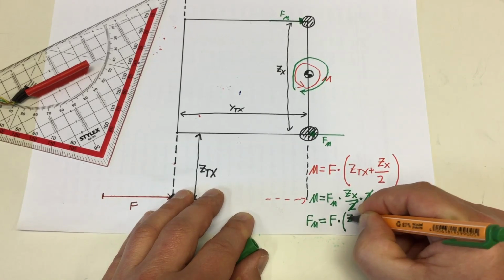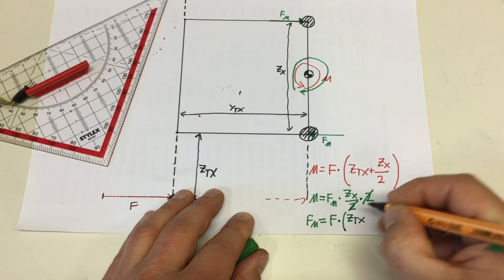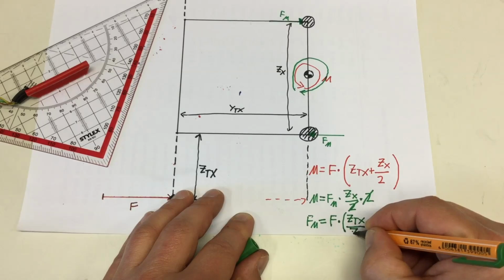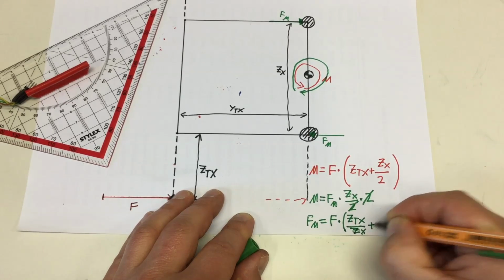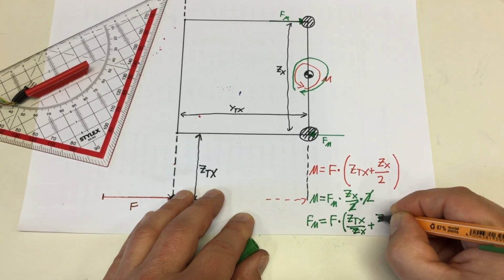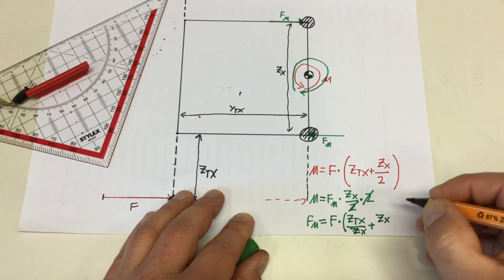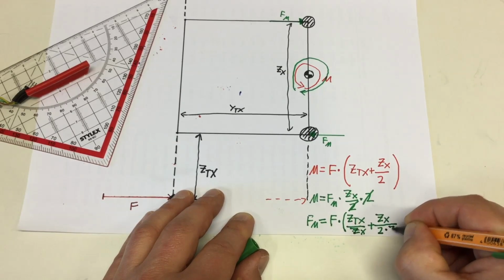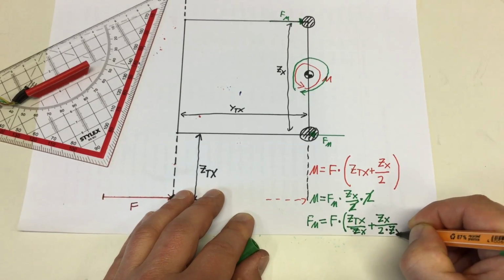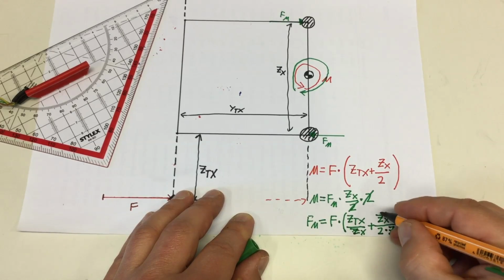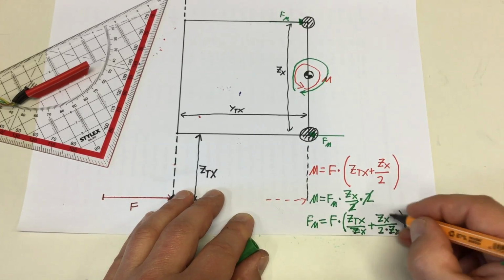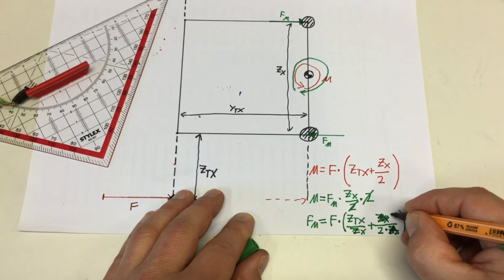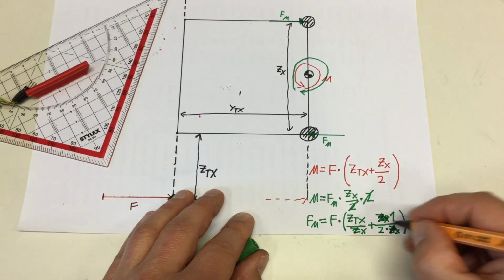So that ZTX divided by Zx plus Zx divided by 2 Zx, and this is simply, yeah, Zx divided by 2 Zx. This is simply 1/2.